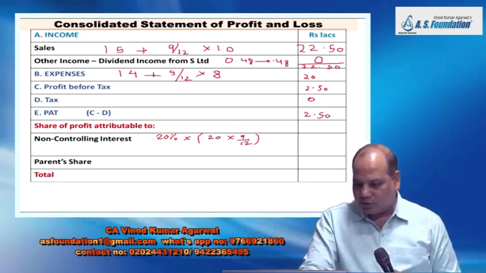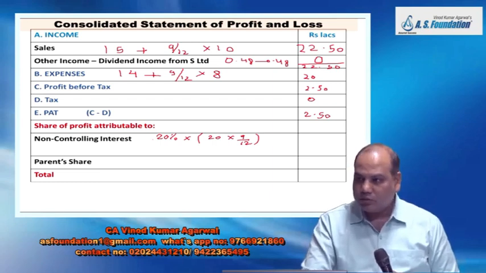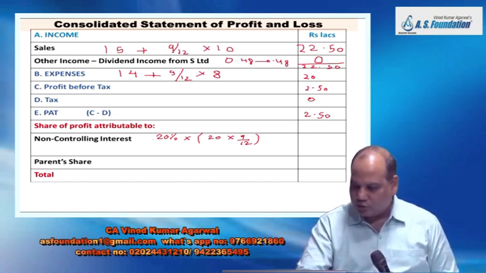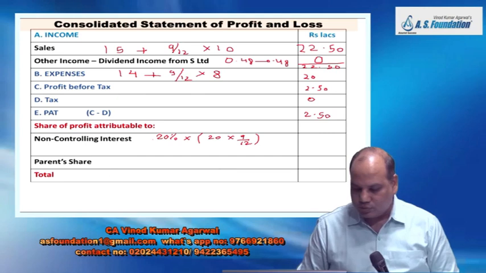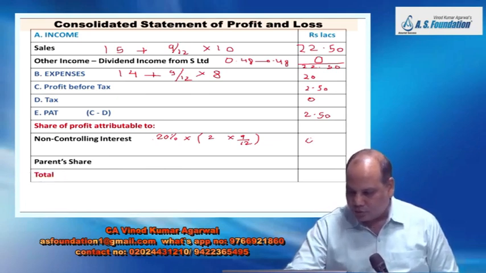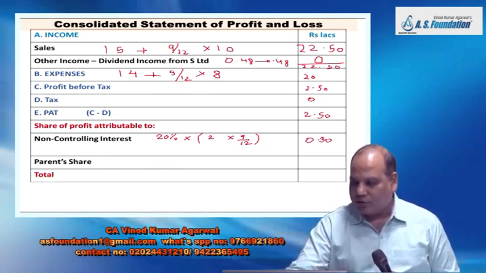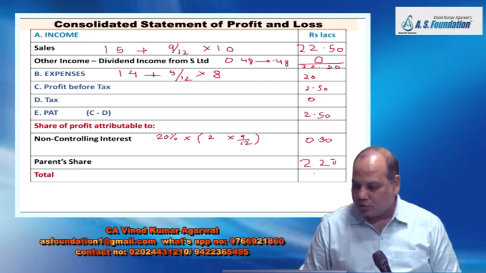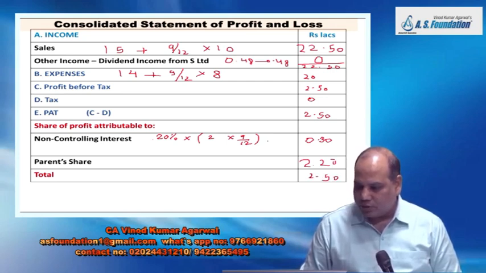So tell me the figure now, final figure. 20% of 2 into 9 by 12. This 20 I have written wrongly. 0.3. Okay. So parent share balancing figure 2.20. Total 2.50. Right.